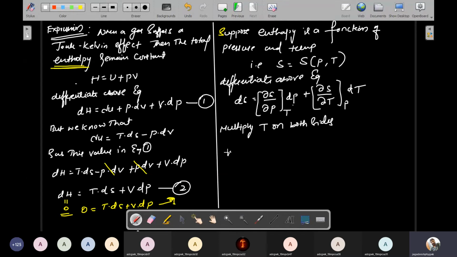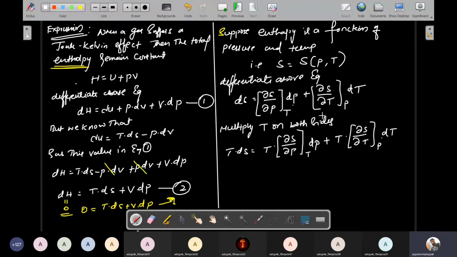So what will happen? T ds = T (∂s/∂P) at constant T into dP plus T (∂s/∂T) at constant P into dT.